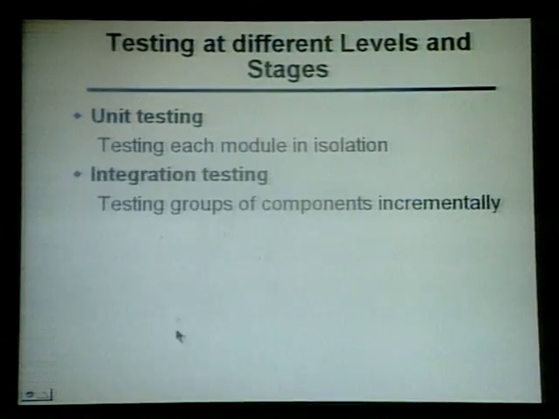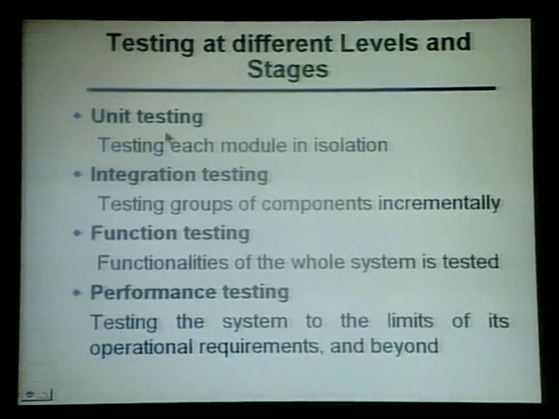The dynamic testing of a system can be done at various stages and levels while you are developing the system. For example, we can do unit testing, where each module which we develop is tested in isolation, independently from the other modules, to make sure that each module works as per requirement.